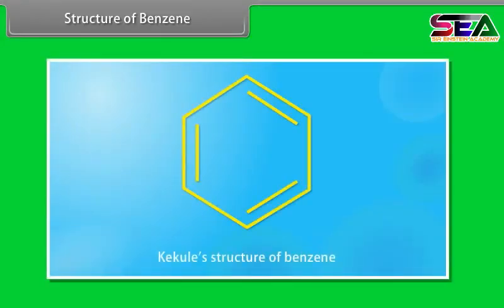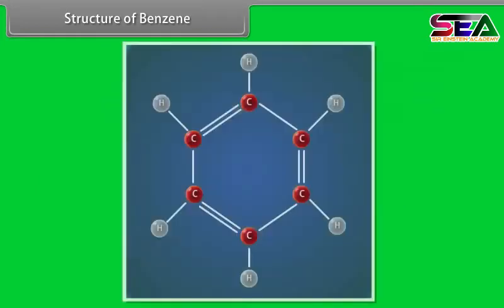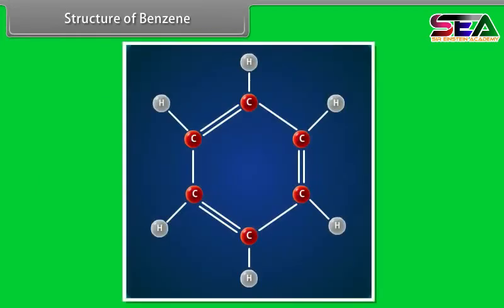Structure of benzene. A chemist, Kekulé, in 1865 suggested the following structure for benzene. According to Kekulé, 6 carbon atoms in benzene are on the 6 corners of a regular hexagon. Each C atom is attached with one H atom.